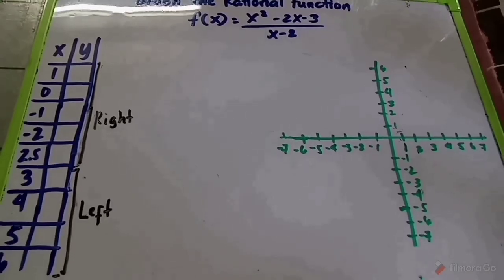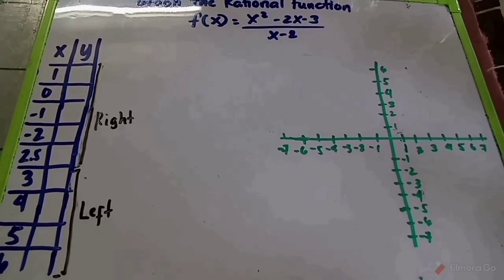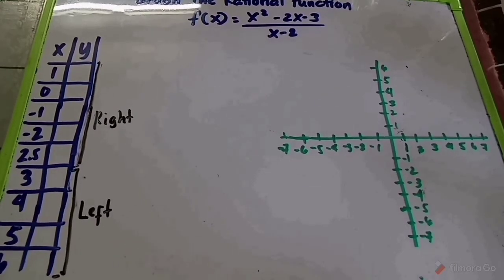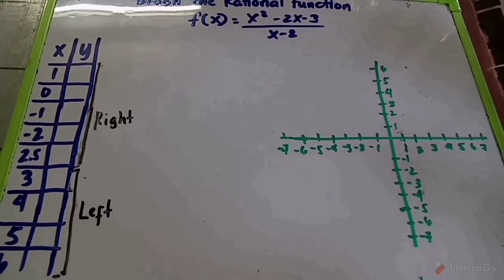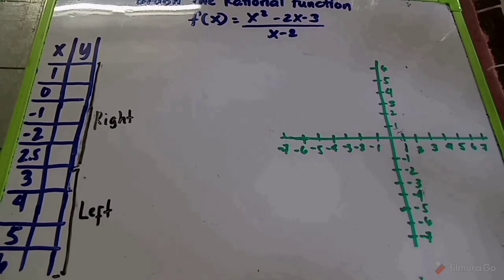Okay, let's go for another set of examples. Graph of rational function, which is the given f of x is equal to x squared minus 2x minus 3 divided by x minus 2. And then how do we solve for this one?